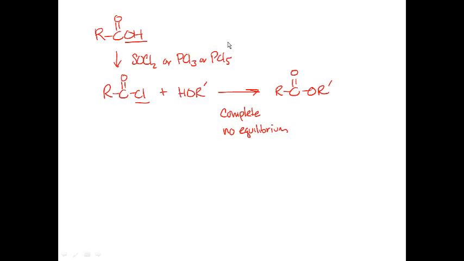So you can actually make any carboxylic acid chloride you want by simply reacting the carboxylic acid with thionyl chloride or phosphorus trichloride or phosphorus pentachloride. So if you're going for pure yield, this is the best method.